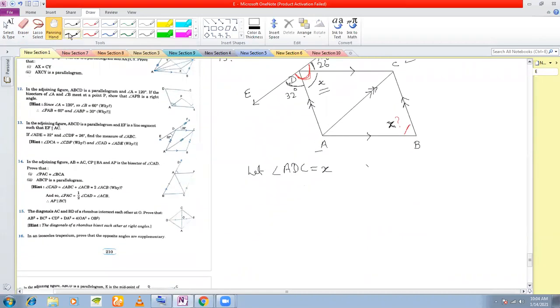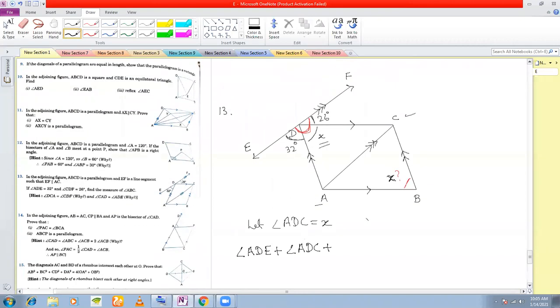So once I take ADC to be X, now I can write angle ADE plus angle ADC plus angle CDF is equal to 180 degree.